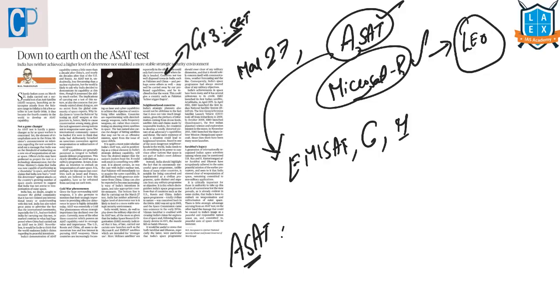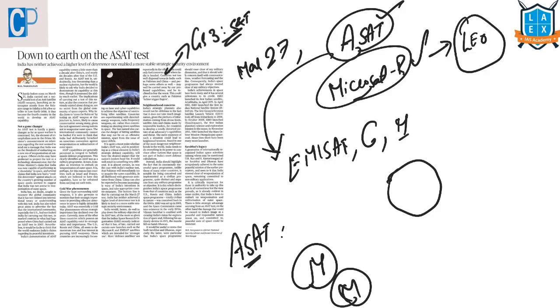It is a technical capability to hit and destroy active satellites in space using a missile that is launched from the ground. So now a missile is launched from the ground to hit Microsat R, a communication satellite which is orbiting in the lower Earth orbit.